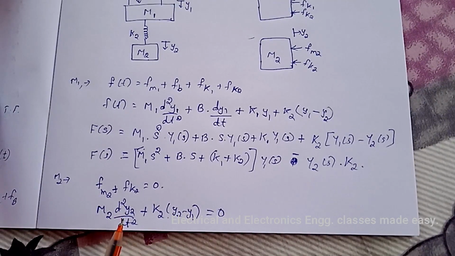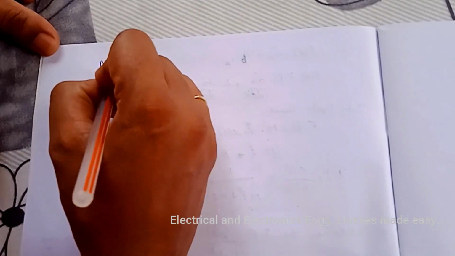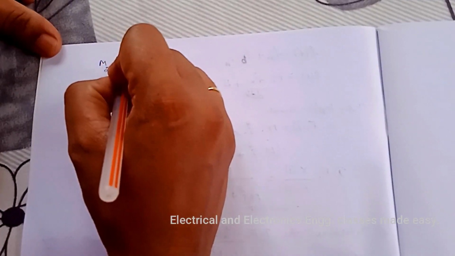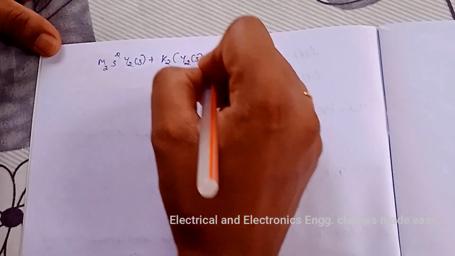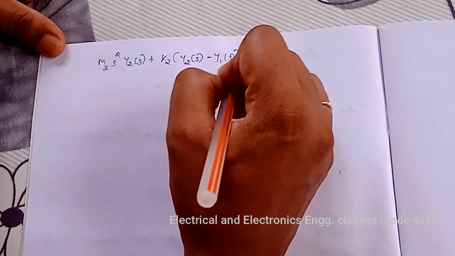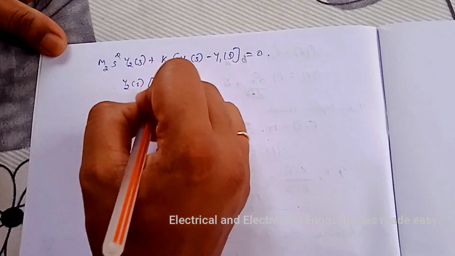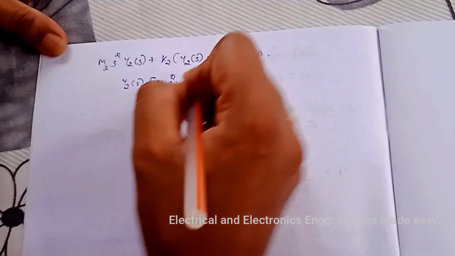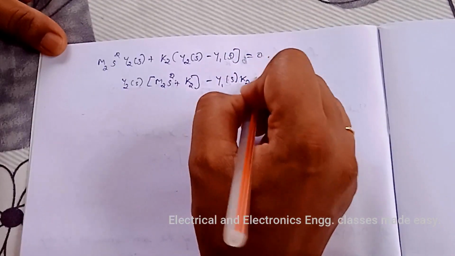So while taking Laplace transform we get m2 s square Y2(s) plus k2 into Y2(s) minus Y1(s) equal to 0. So here Y2(s) we can take outside, that is m2 s square plus k2, minus Y1(s) into k2 equal to 0.